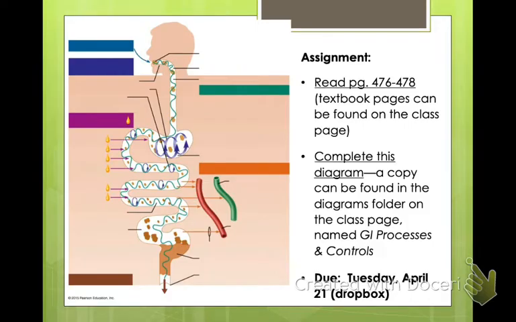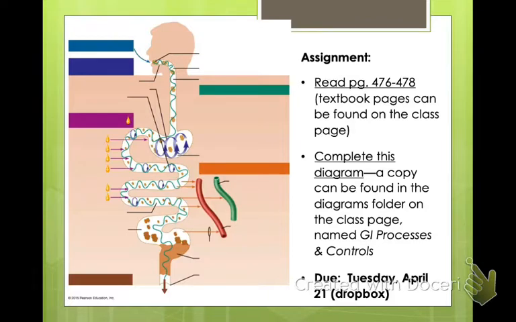And the last thing we need to talk about is your assignment. I do encourage you to read the textbook pages that go along with each of the videos that I put up on YouTube. And again, those pages are 476 to 478 in your book. There is a diagram, I believe on one of those pages, you notice it on this slide. That same diagram I would like you to complete.